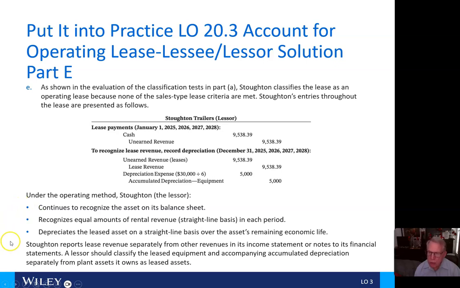Stroughton reports lease revenue separately from other revenues in its income statements or notes to its financial statements. A lessor should classify the leased equipment and accompanying accumulated depreciation separately from plant assets it owns as leased assets.